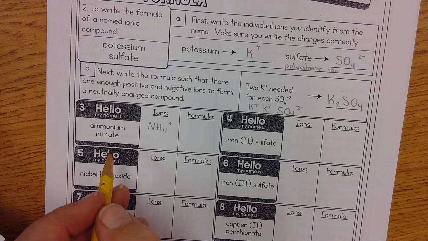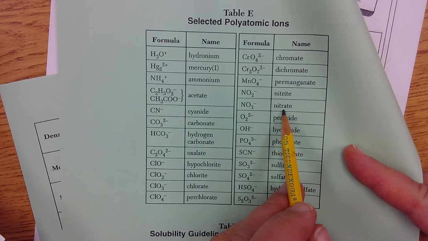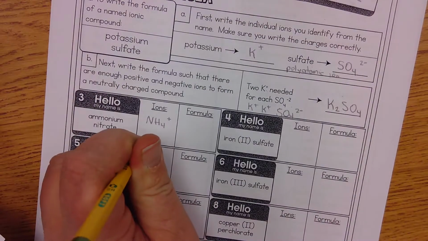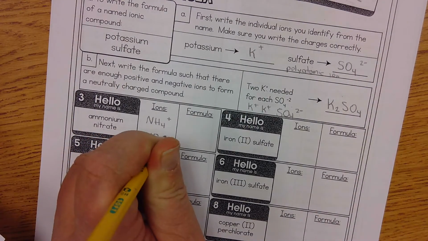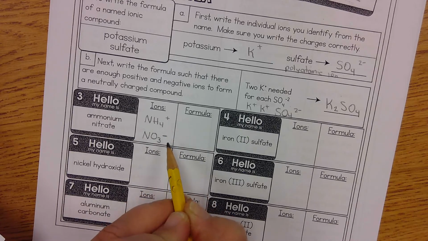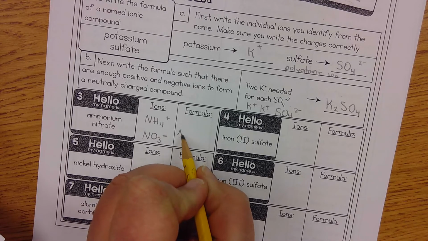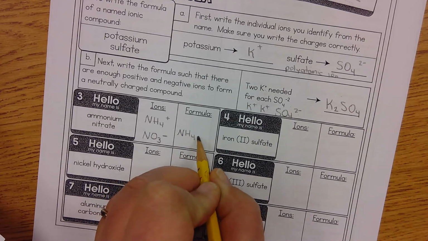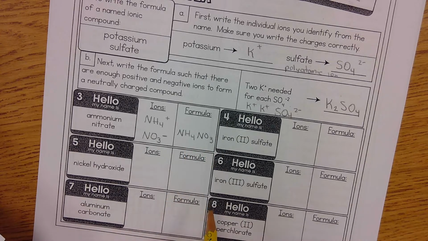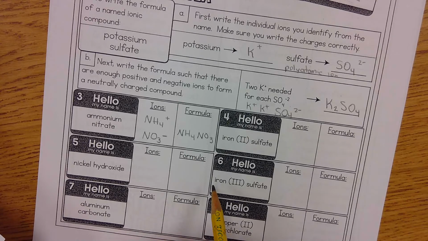Then the nitrate ends in ATE, so we know it's also here on the chart, NO3 minus. +1 charge, -1 charge. They even out without doing anything else. So I know the formula for this is NH4NO3, ammonium nitrate. Leave off the charges when you write the final formula.